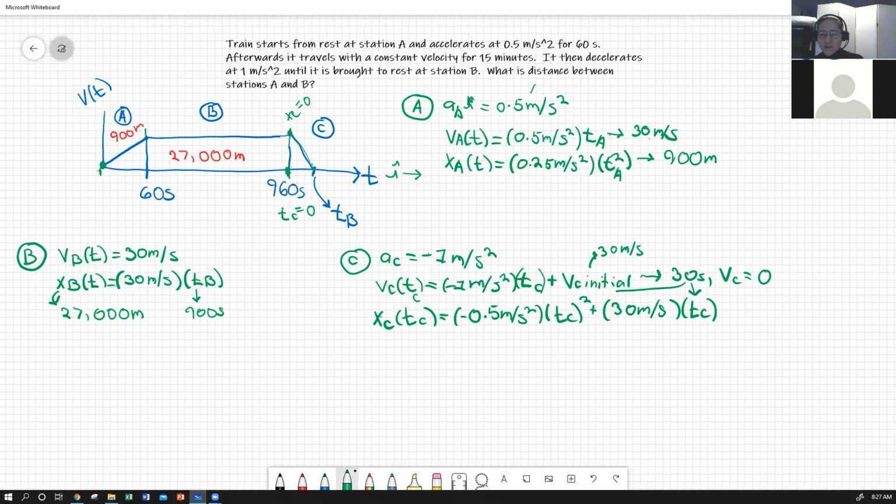So let's plug that into our expression for position relative to wherever we were when we entered this decelerating zone, and get a value for x sub c at the time at which we will have stopped, and we'll then be at station B. So that's basically negative 0.5 meters per second squared times 30 seconds squared plus 30 meters per second times 30 seconds.